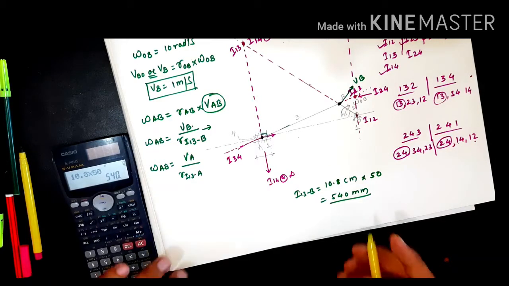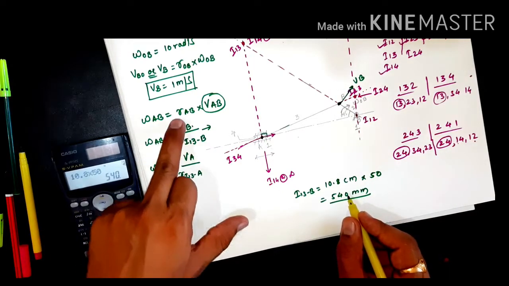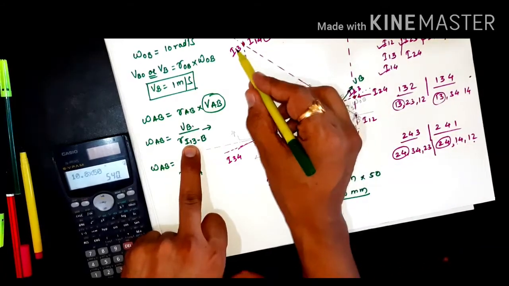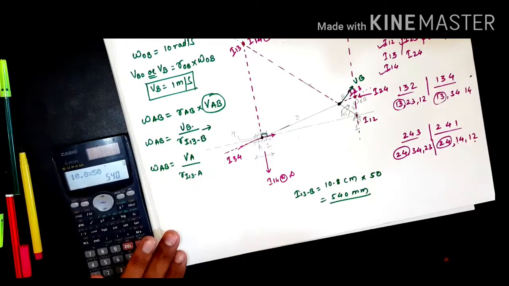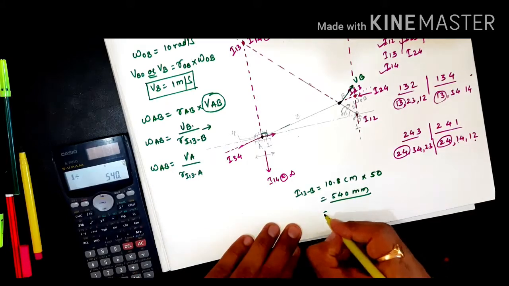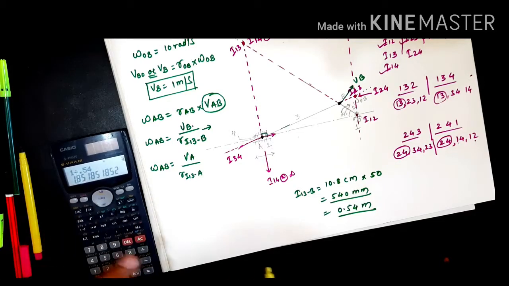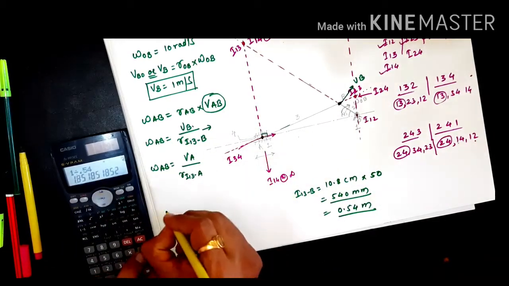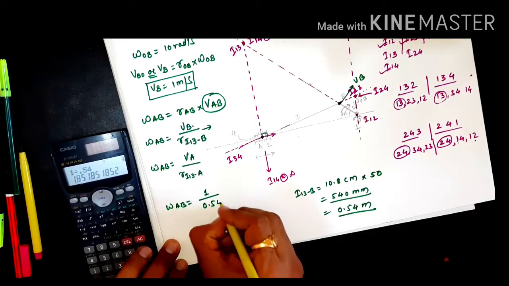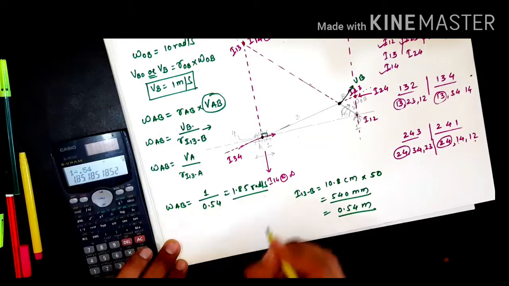Now this 540 mm will be equal to the radius at which this B point is moving about this center. So omega AB will be equal to VB, 1 meter per second, divided by 0.54 meter, so you will get 1.85 radian per second.